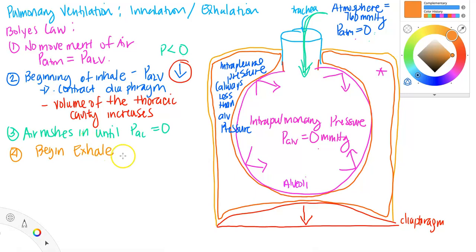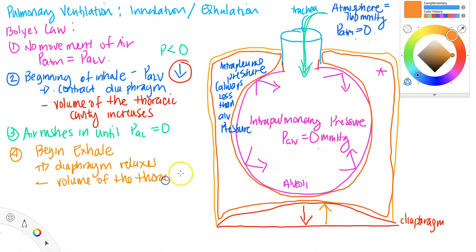And then you exhale. So when you exhale, the diaphragm relaxes. That means it goes back up to its dome shape. When that happens, the volume of the thoracic cavity decreases, goes down.